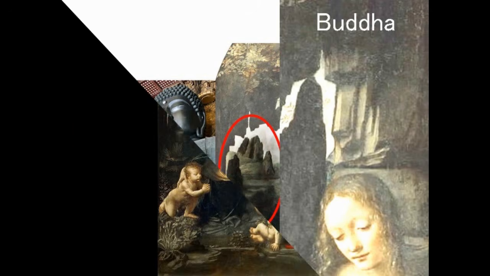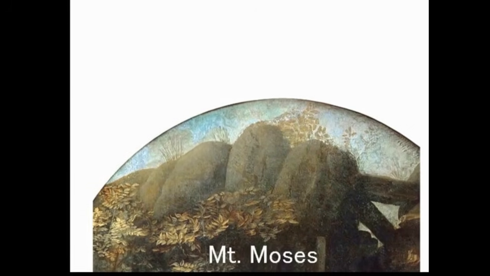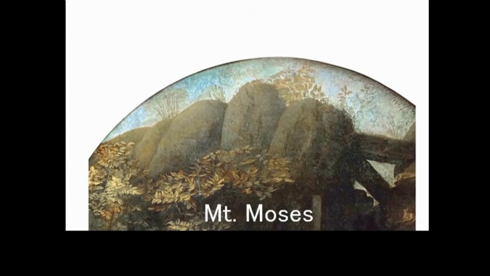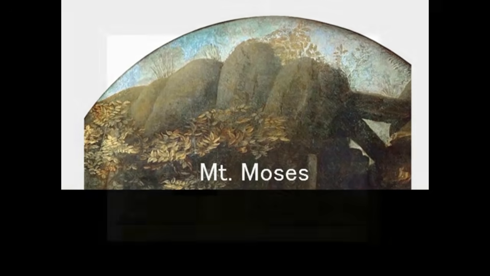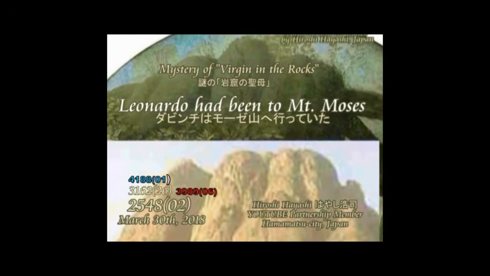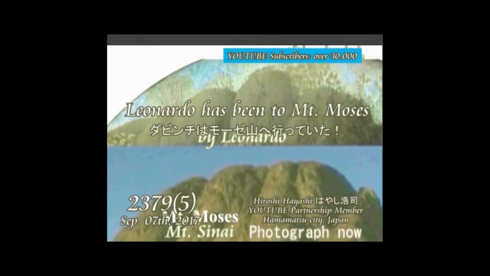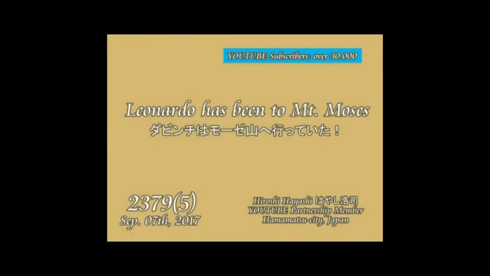I, Hiroshi Hayashi, have found that in the picture of Madonna of the Rocks, Mount Moses in the Sinai Peninsula is accurately depicted. Above is Mount Moses, drawn by Leonardo da Vinci. Below is the actual Mount Moses. For Muslims, it is the holiest mountain of all holy mountains. And this is important.